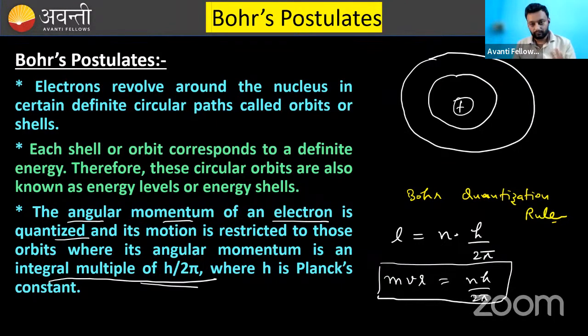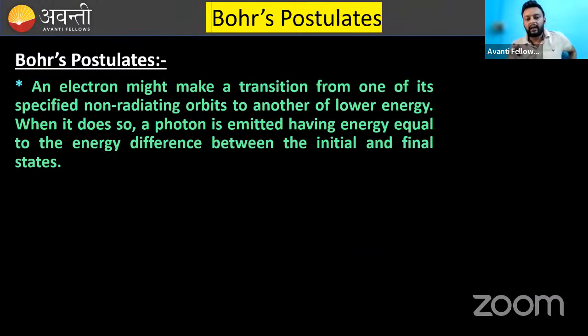Clear till now? So what are the Bohr postulates? One is they revolve in circular orbits. Another is they revolve only in those orbits in which the angular momentum is nh upon 2 pi. And these orbits are called stable orbits. Clear? Moving further.